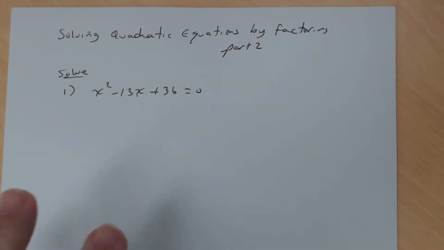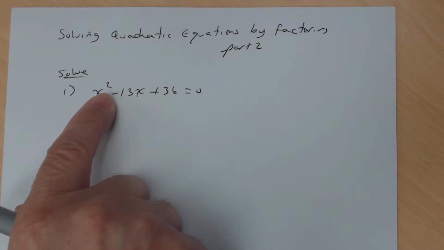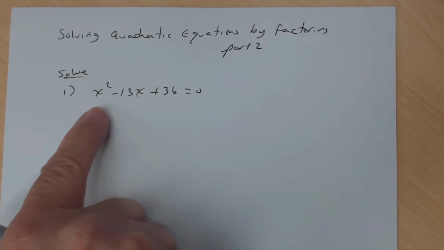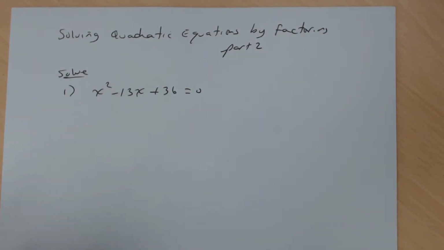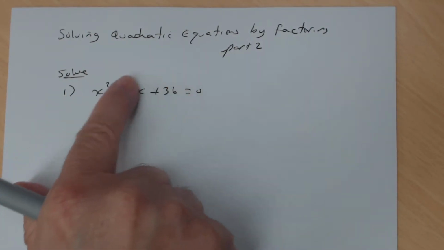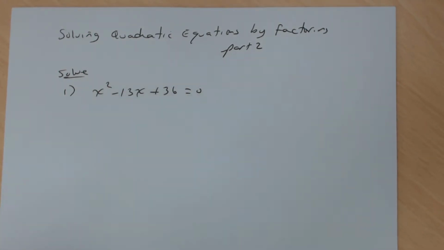In all of the problems we're going to do, you're going to get a maximum of 2 solutions. In some cases there's only one distinct solution, but you won't have 3 solutions or 4 solutions. If it's a quadratic equation, you'll have at most 2 solutions.